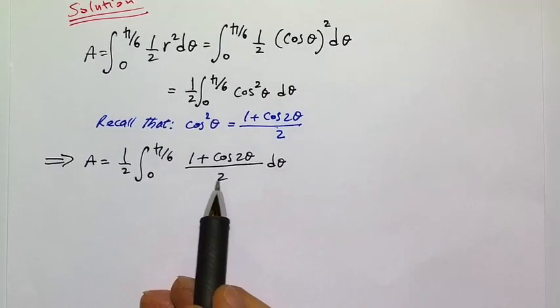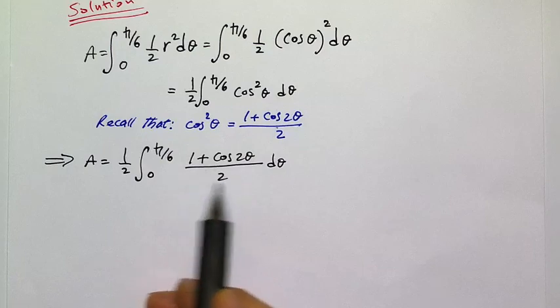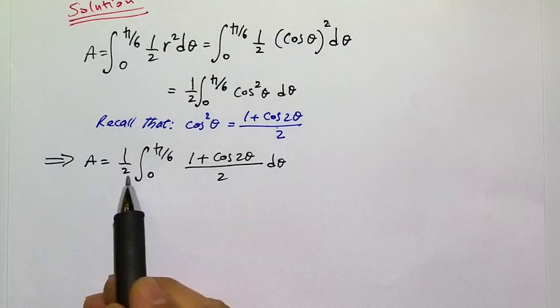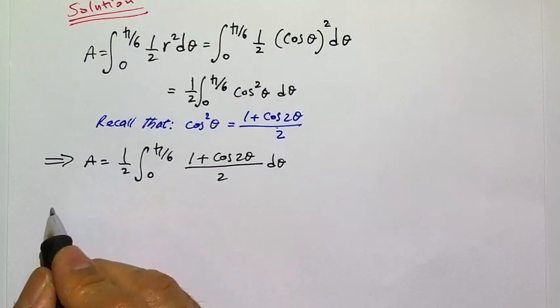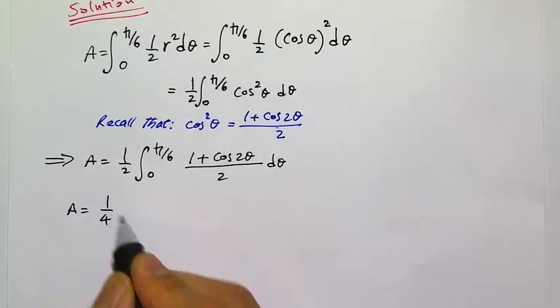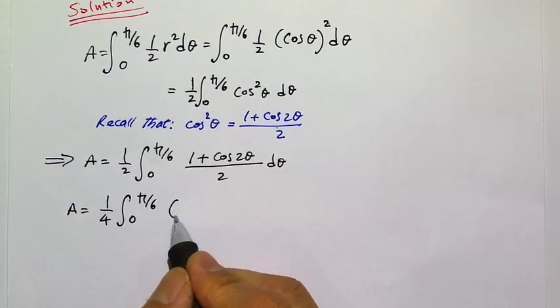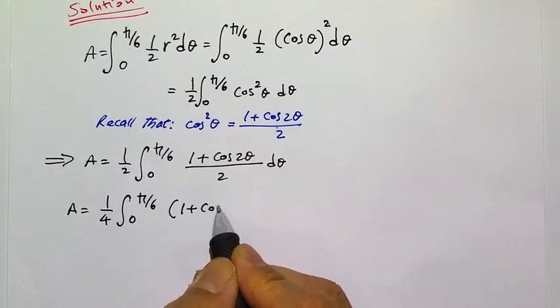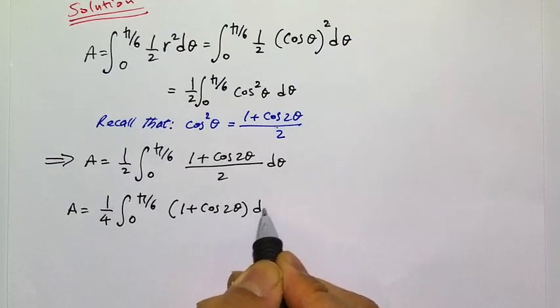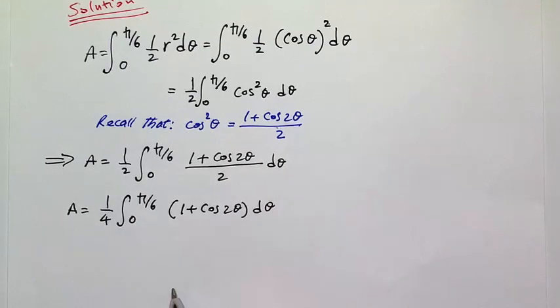And then, of course, this whole thing is being divided by 2, so we can pull out this factor and multiply it by this 1/2. So we have 1 over 4 times the integral from 0 to pi over 6 of 1 plus cosine 2 theta d theta, right? That's pretty easy now to integrate.